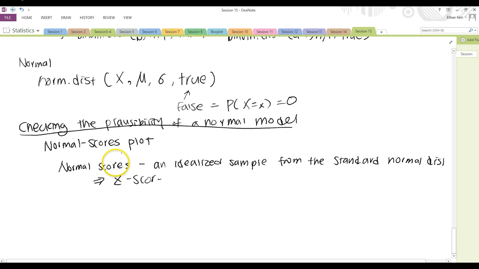We already know this, right? We divide the z-scores into equal probability intervals, and so for example, if we were to draw a curve, we're going to divide this into the same probability intervals. So it will look something like this.